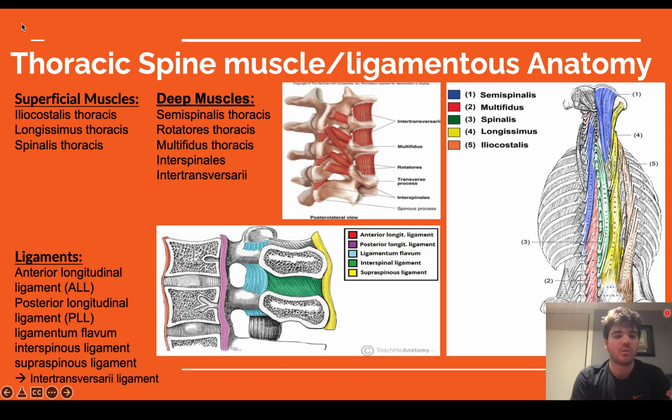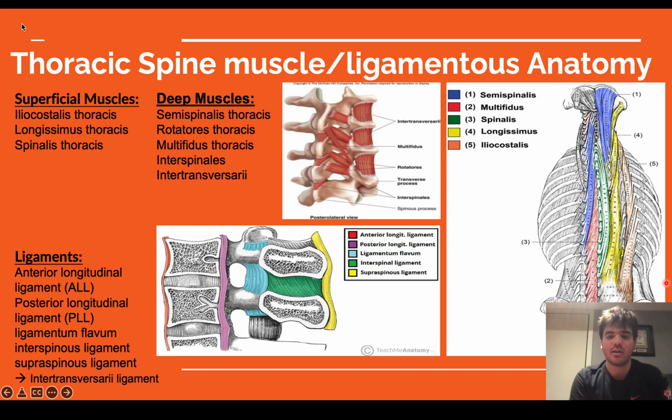Now we're going to move on to the deep muscles, and we are going to start with this blue one here that you can see starting around the neck head area and moving right down to the mid to lower back, and that is the semispinalis thoracis muscle, or semispinalis muscle.